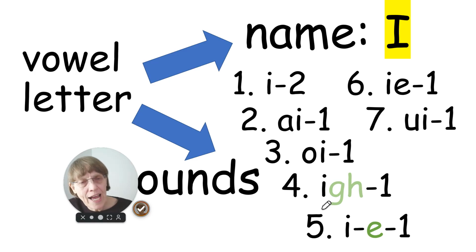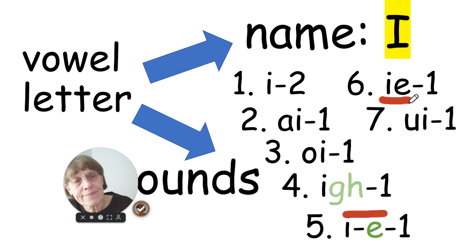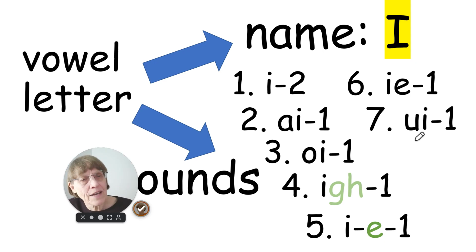If we have an I and a quiet GH, it still says I. If we have an I with a quiet E, it says I. What about IE? I, although there's a few words where it says E. And number 7, what about UI? Ooh.